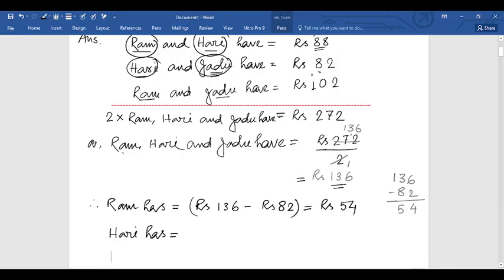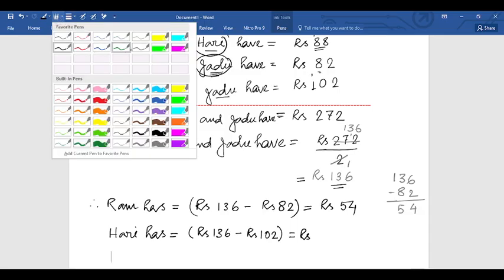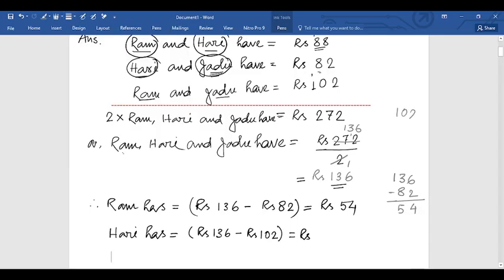Okay. Now Hari has how much rupees? From total rupees 136 minus what Ram and Jadu have, 102, rupees 102 is subtracted from 136, that is 4, this is 3, that means rupees 34. And Jadu has how much?